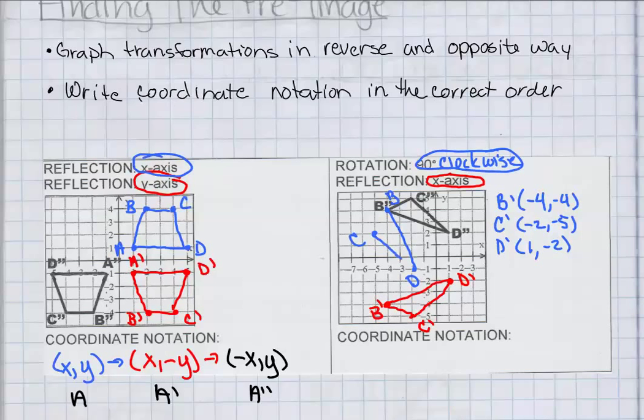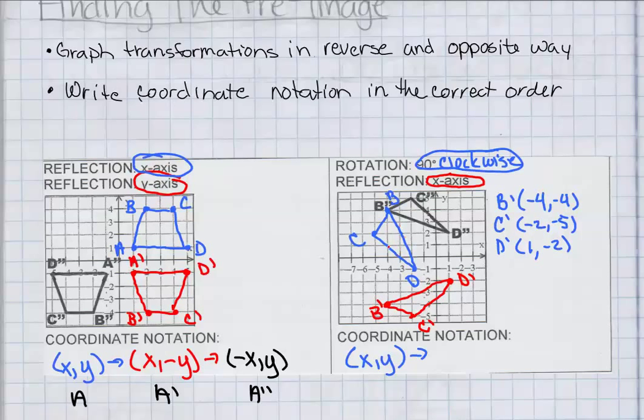Or you can just remember that the X's and Y's flip and the X's become negative, just like we had originally talked about in class. So their very first, the non-primes, is XY. And then to go to the prime, we rotated it 90 degrees. He rotated 90 degrees counterclockwise.